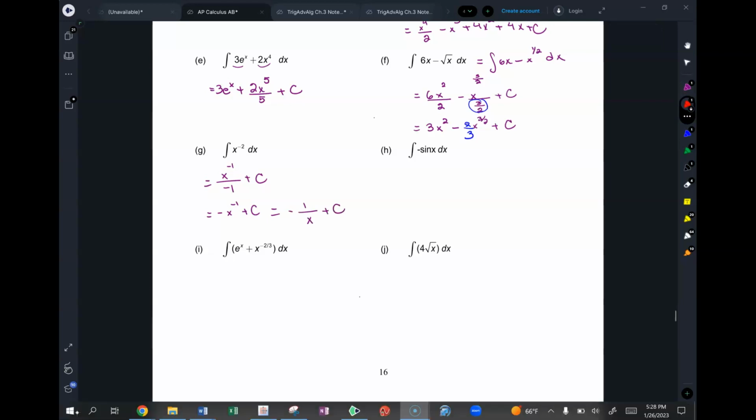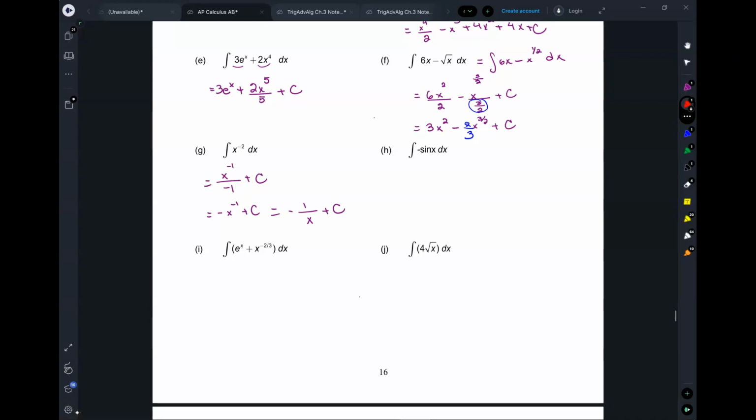Okay, next one here. What we have is the integral of negative sine x dx. So how are we going to do this one? Remember, the negative can come out.